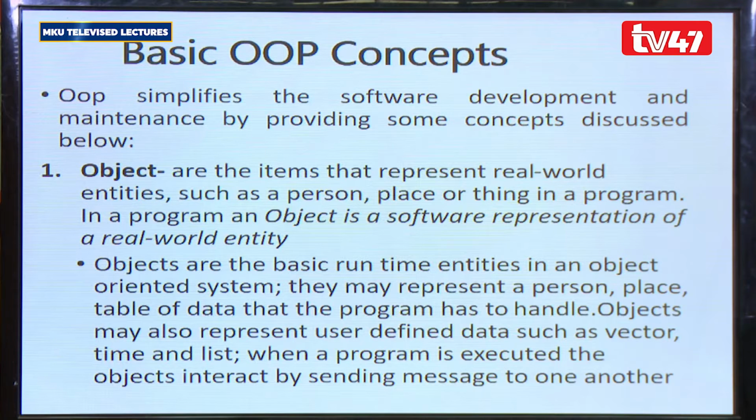It could be a table of data that the program has to handle. Objects can also represent user-defined data, such as vector, time, and even a list. And when a program is executed, the objects interact by sending messages to one another.